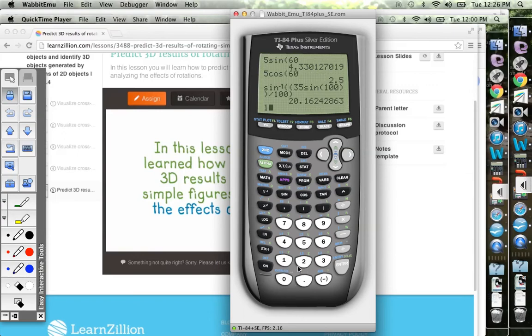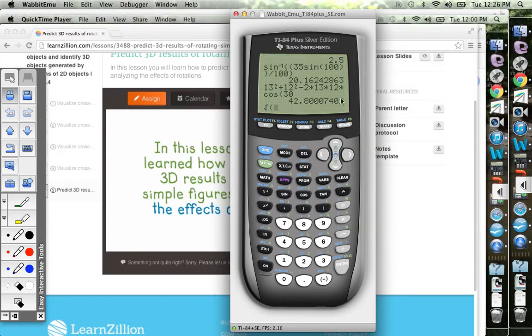I believe it was 13 squared plus 12 squared minus 2 times 13 times 12 times the cosine of 30 degrees. And so that's the total, and we still need to square root that. So we're going to do second square root, where is it? There it is.